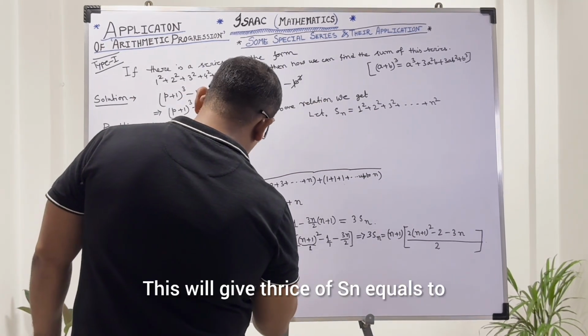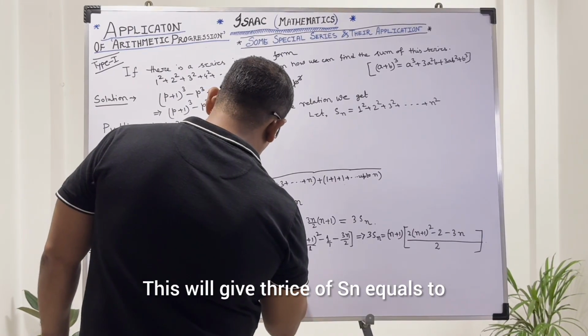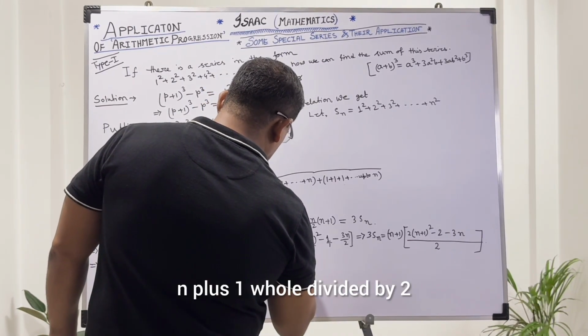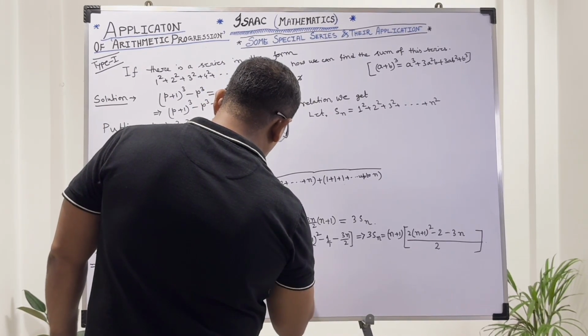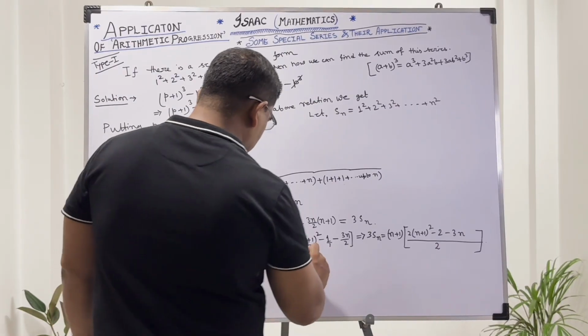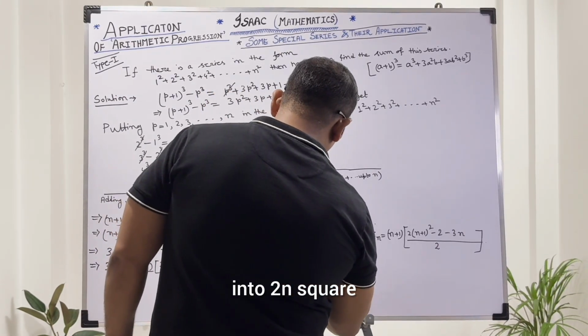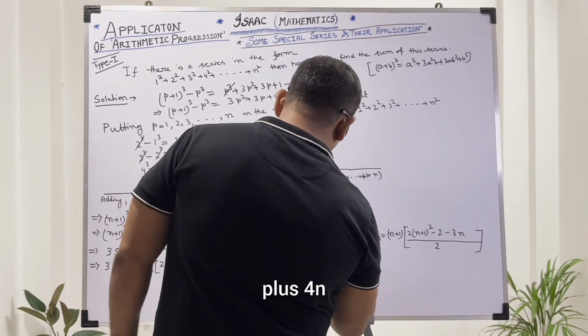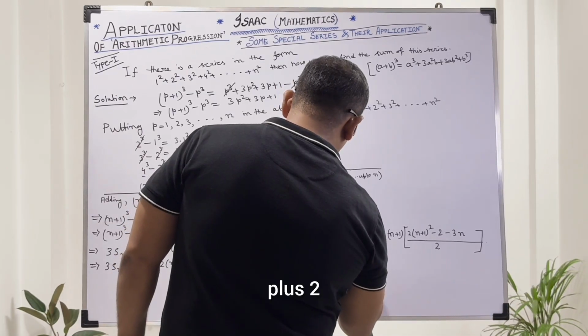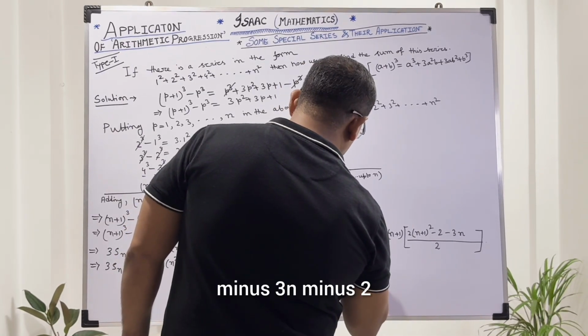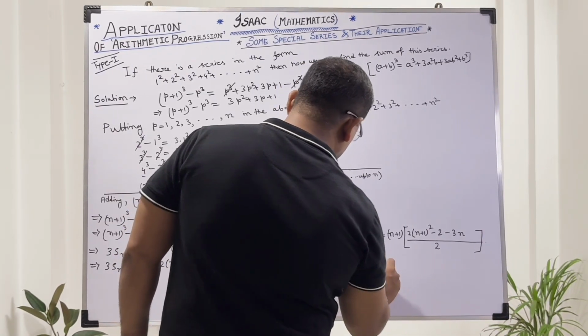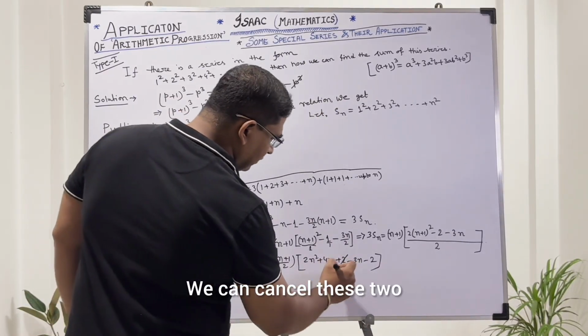This will give thrice of Sn equals (n plus 1) whole divided by 2 into 2n square plus 4n plus 2 minus 3n minus 2. We can cancel these 2.